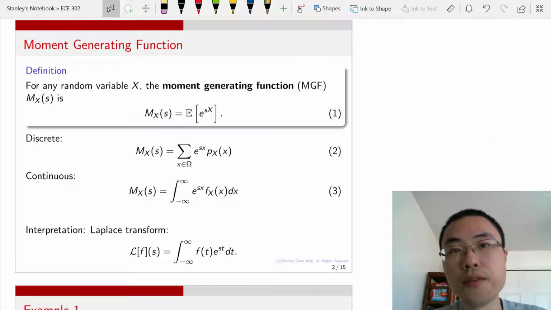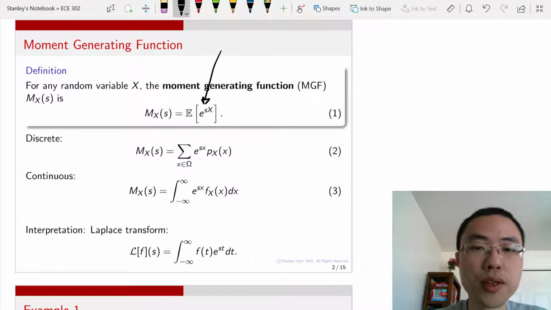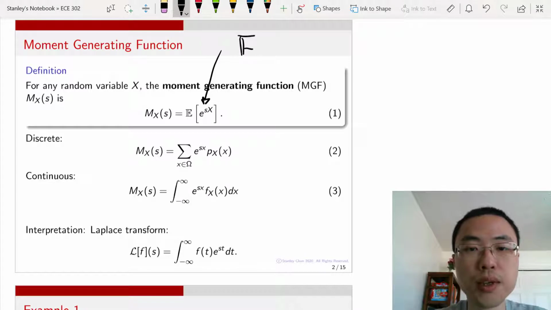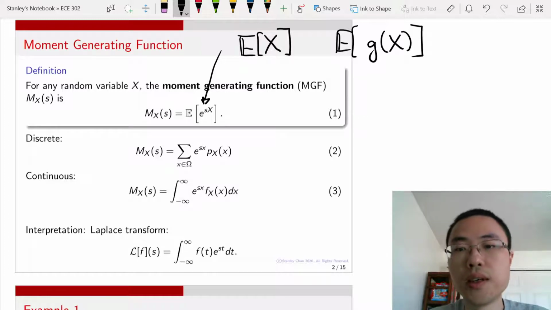The moment-generating function of a random variable X is defined as the expectation of this quantity. Normally when you think about the expectation, you're thinking about expectation of X. But we also know that expectation can be applied to any functional transform of this random variable X. Here I'm telling you that the transformation is g.